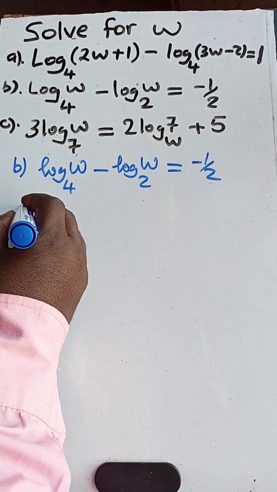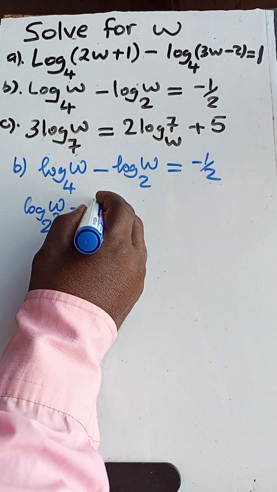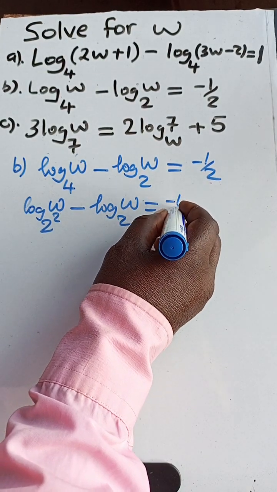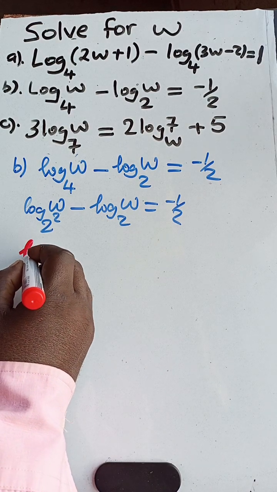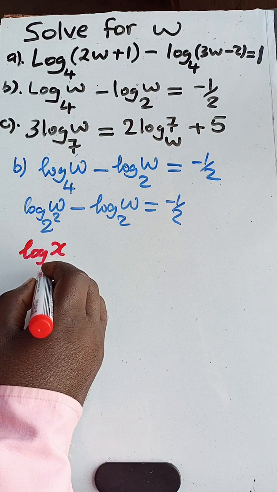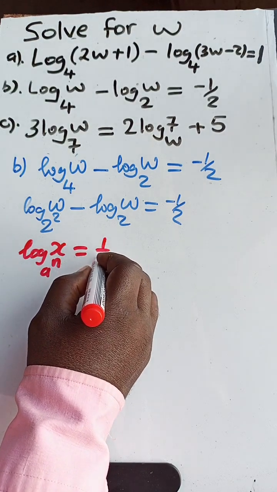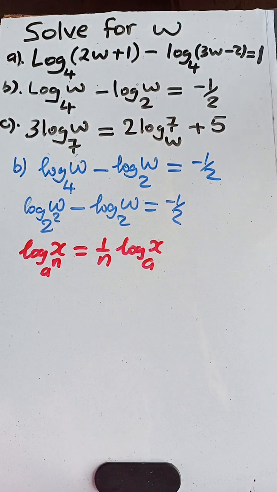So this can be written as log w to the base 2 squared minus log w to the base 2 is equal to negative half. There is a rule in logarithm which says log x to the base a to the n will give us 1 over n log x to the base a.